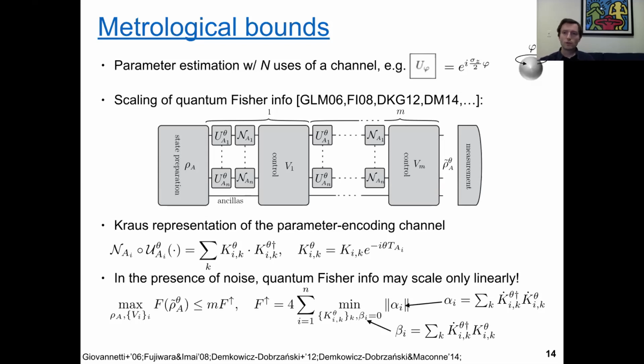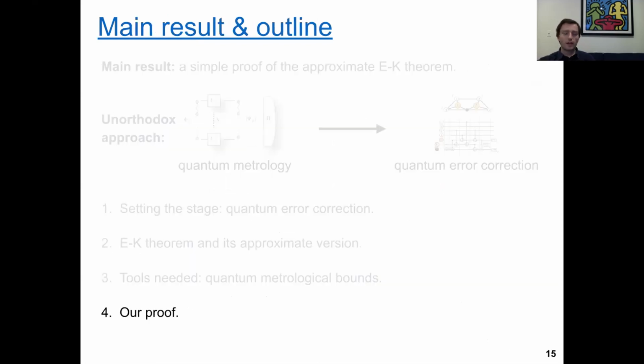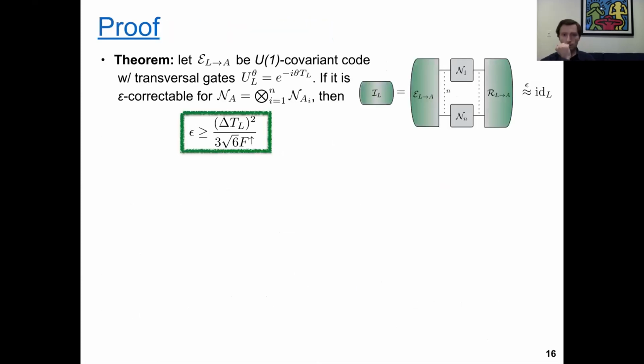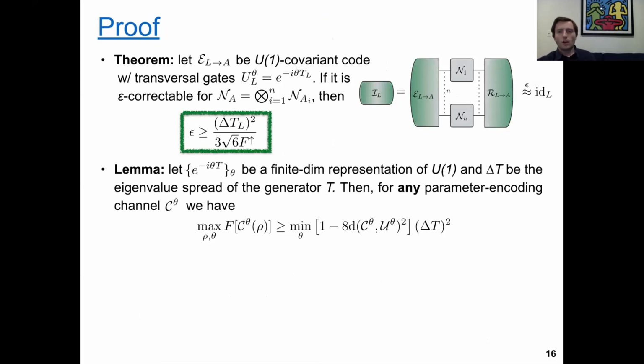Okay, so this was quite a technical slide, but now hopefully it's going to be easier, as we're getting to the proof of the theorem. Here I copied again the statement of the theorem. The last technical thing is that we needed a technical lemma.